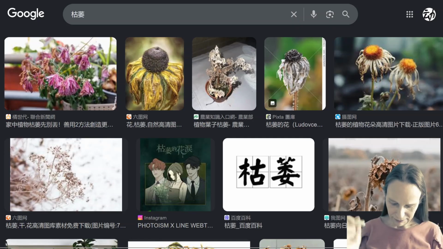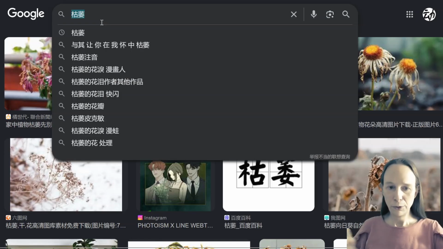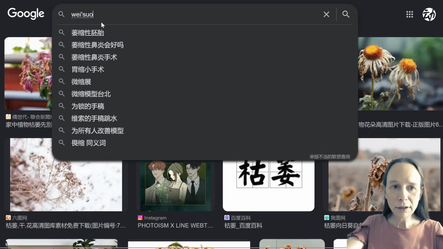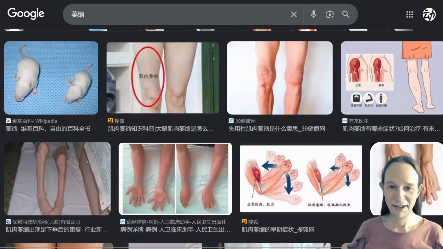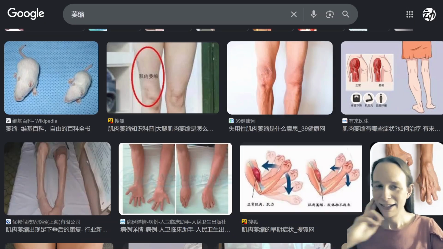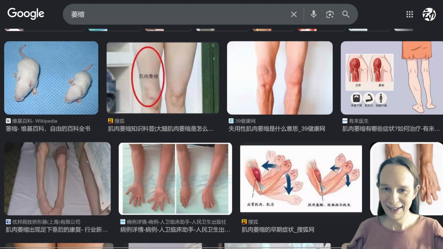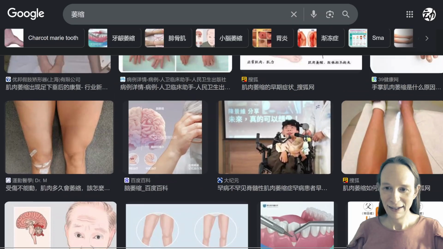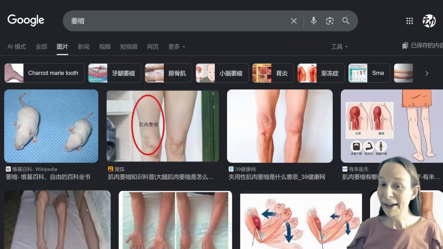What's it say in the dictionary? 干枯萎缩. 萎缩. So you're shrinking by drying out. Or atrophy in animals. All right. I don't think we need to know that right now.